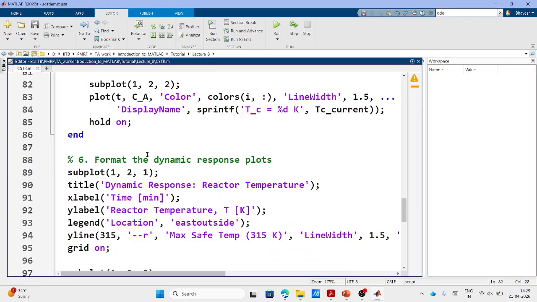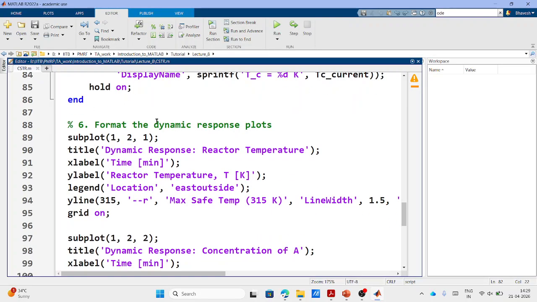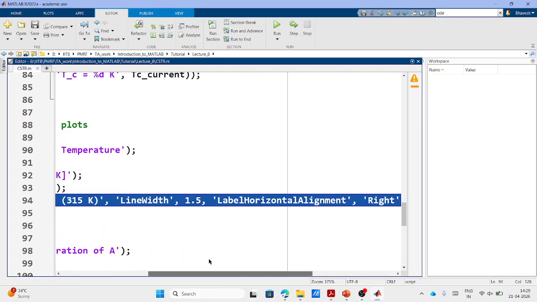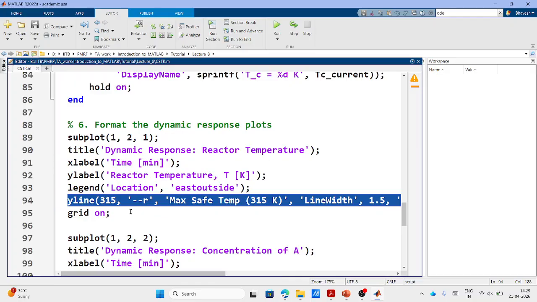Now further, once these calculations are done, again some beautification is done on the graph where I am providing the title and labels to the x and y axis. Okay. Here this part is important: we have been given a maximum temperature safety limit of 315 Kelvin, right?